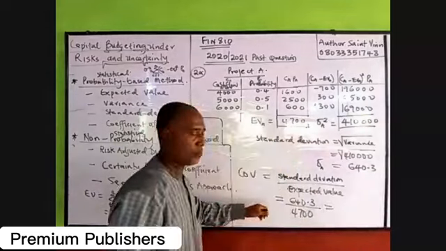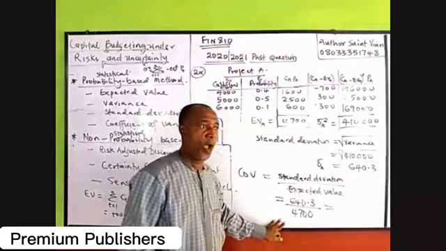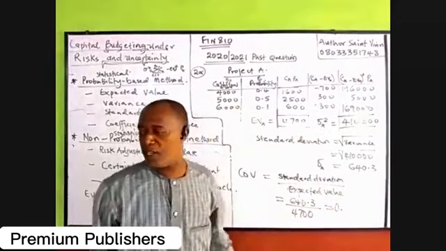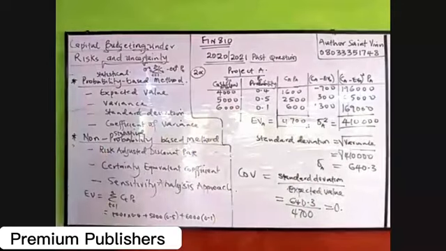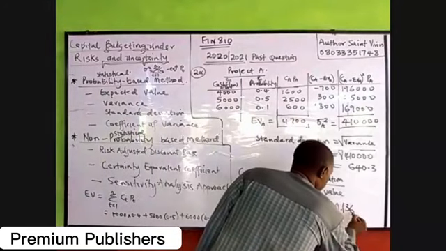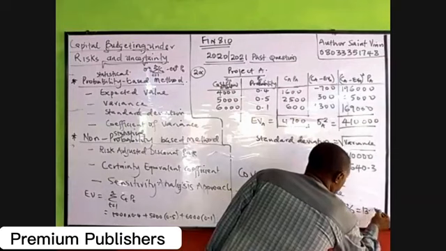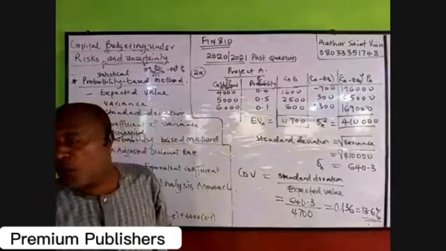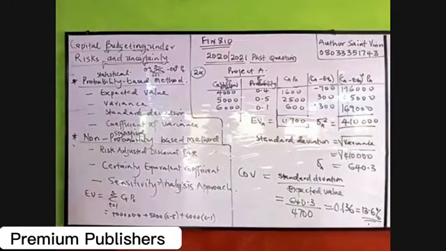On a calculator, that is 0.1362, which is 13.6%. So we have just finished project A.